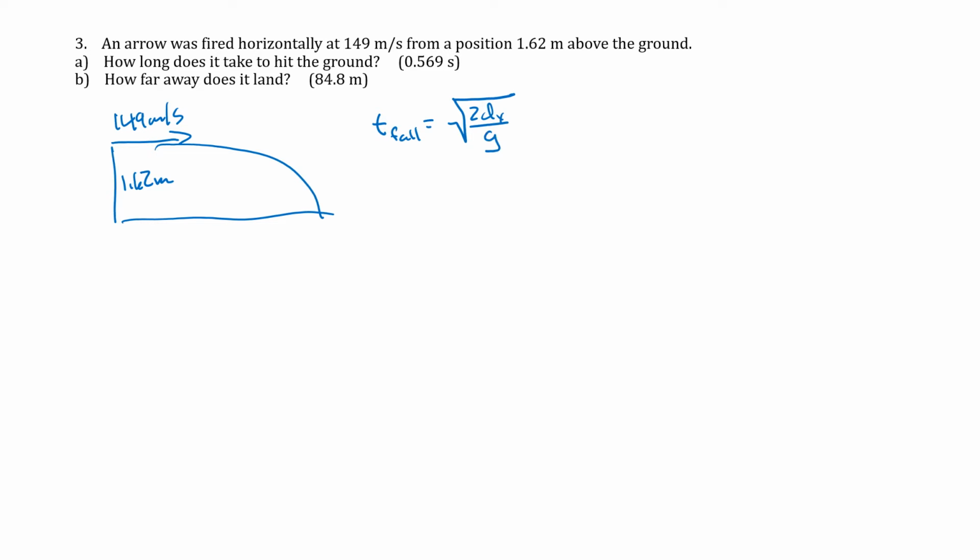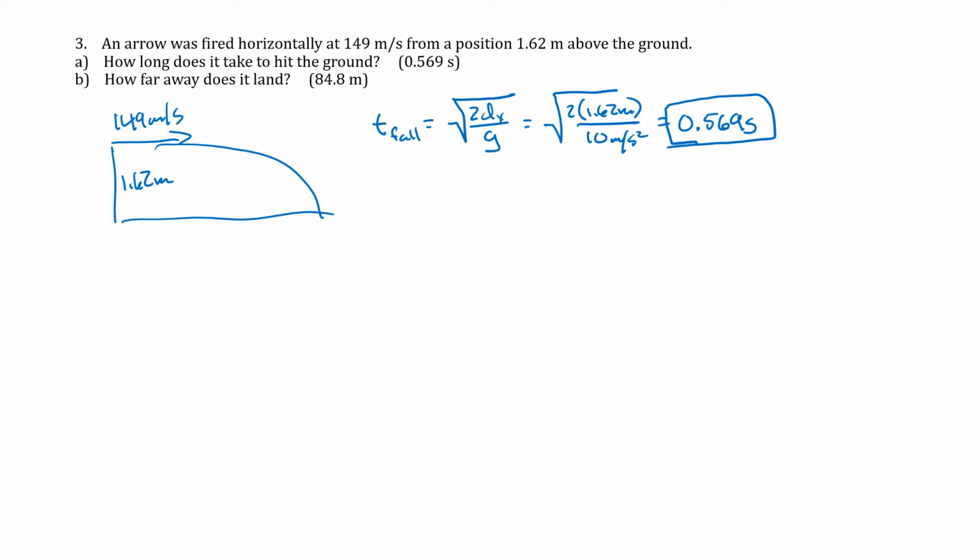Doesn't matter how fast this arrow was fired, it's going to take the same amount of time to hit the ground. And so we would plug in 2 times our 1.62 meters divided by 10 meters per second squared, and it's going to take 0.569 seconds to hit the ground.